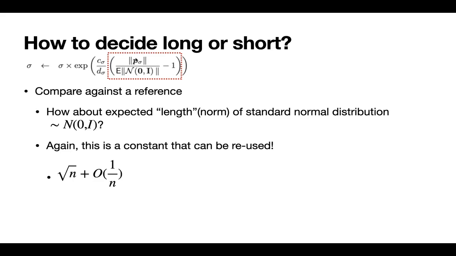So if the length of the evolution path sum is larger than the reference, this ratio is going to be larger than 1. So this expression is going to be positive, and essentially a number that is larger than 1. So the step size, small sigma, is going to be scaled up, and vice versa.